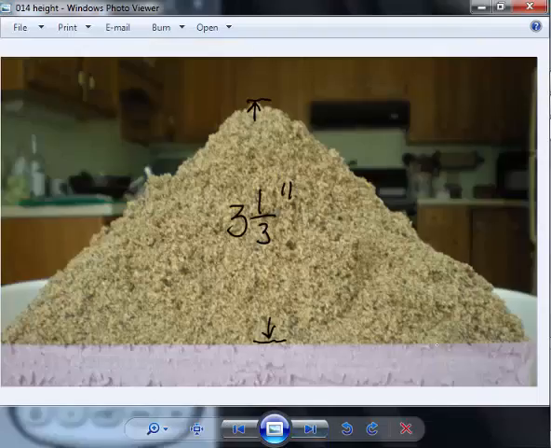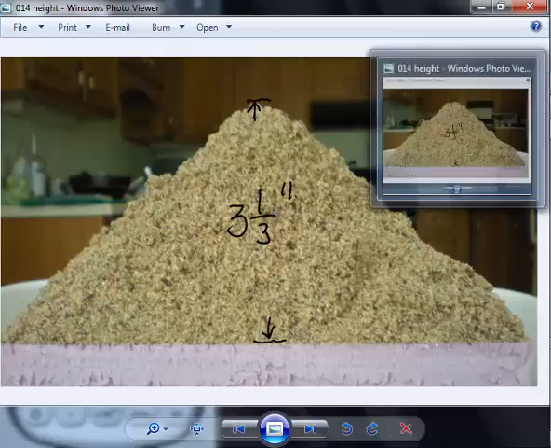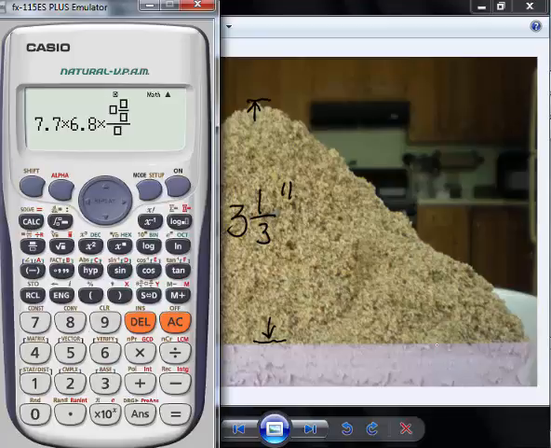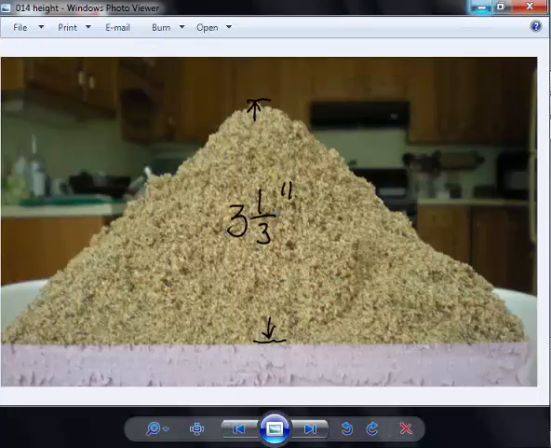So times, now the height is going to be over 3, so I have to get a mixed number here, 3 1/3 inches over 3, because it's the height over 3 times the area of the base, or 1/3 the base times the height, and we get a volume of 58 cubic inches.